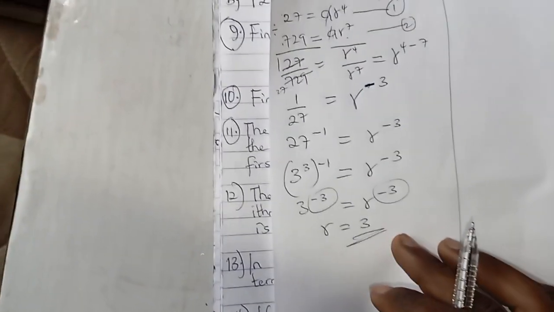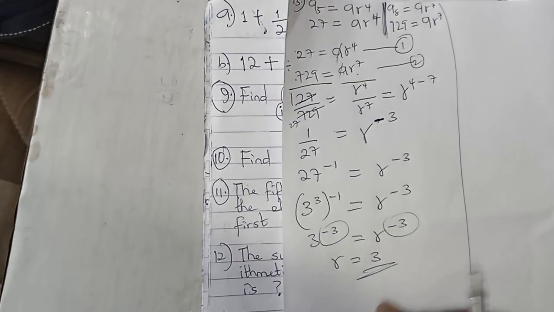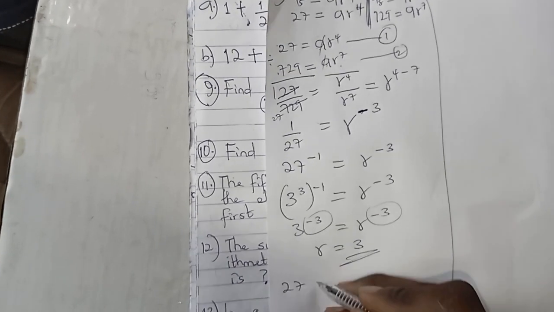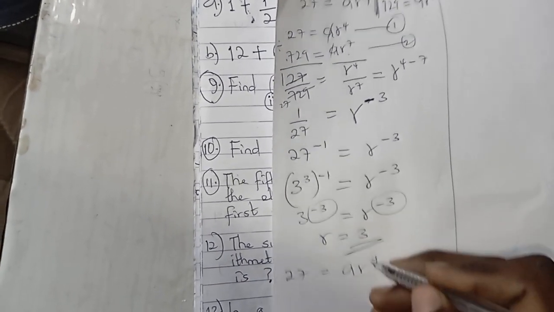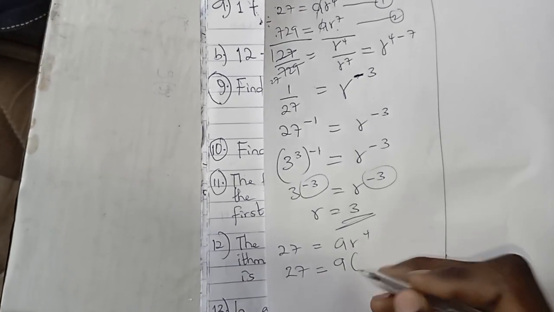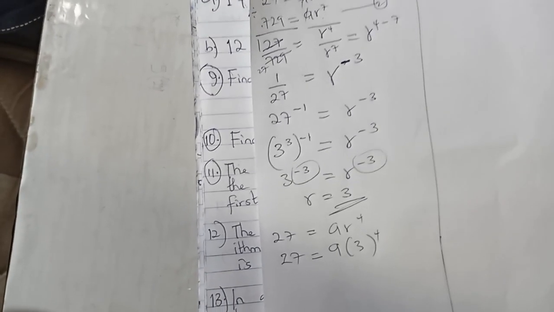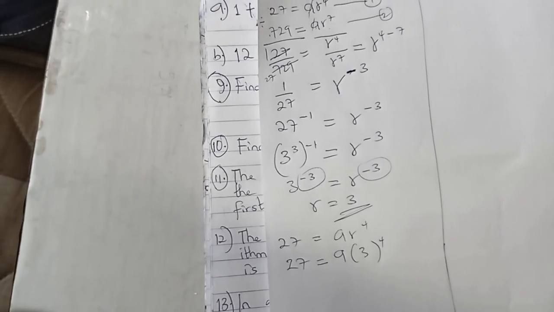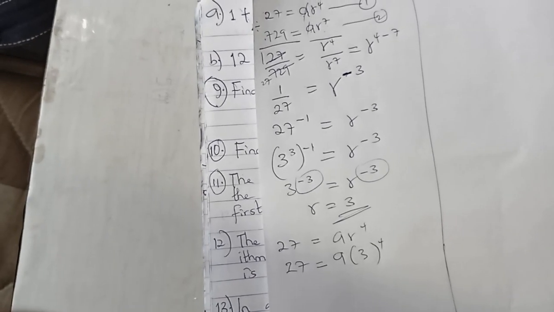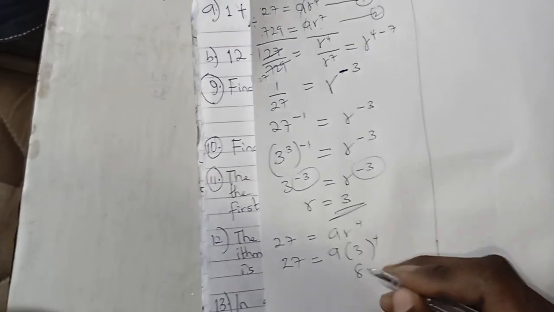Very simple. With this, we can find A. We just substitute R into any of the equations. So 27 equals AR^4, 27 equals A times 3^4. No cramming, let's do it. 3^4 gives me 81.